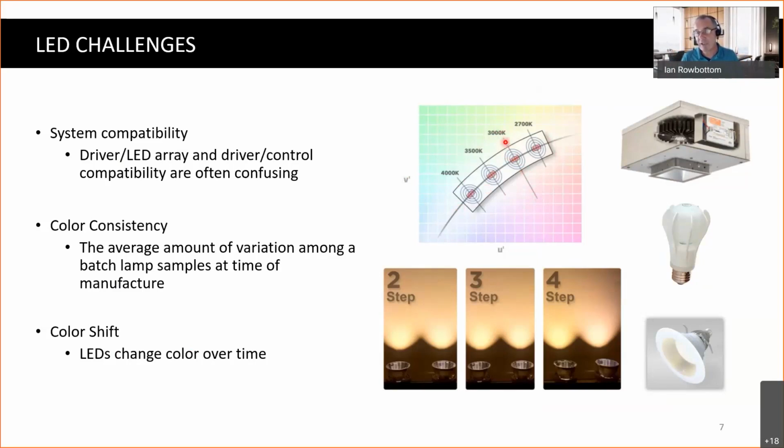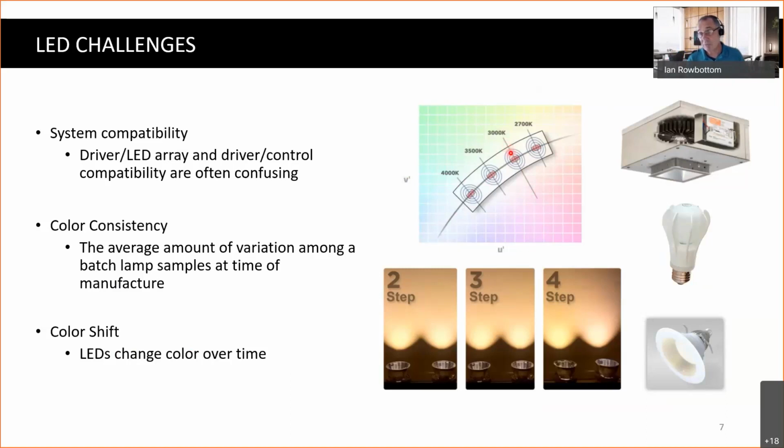So say I bought a fixture, and instead of my fixture exactly being on the black body curve, which would be an incandescent or the sun, my fixture is up over here where the dot is on the screen. What you can see is I've moved away from the shades of white, and I am moving towards a green shade. So even though my fixture still gives off 3000 Kelvin, it would look slightly green. And unfortunately, over time, those LEDs, the phosphor ages, and they can start to move up and down this line.